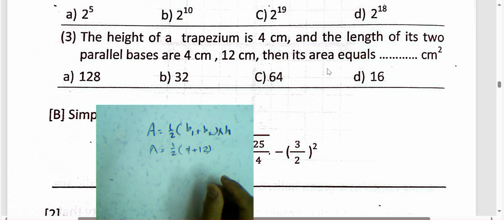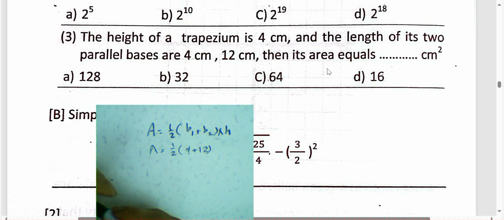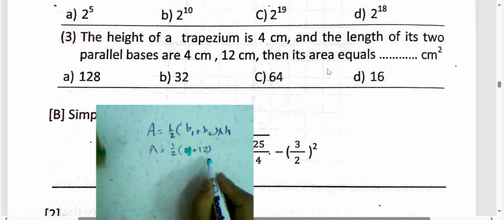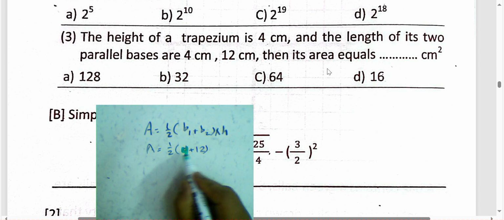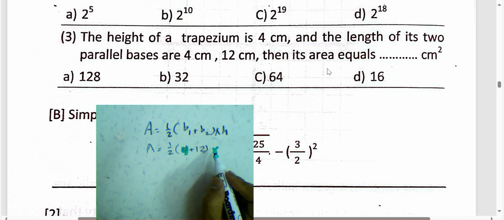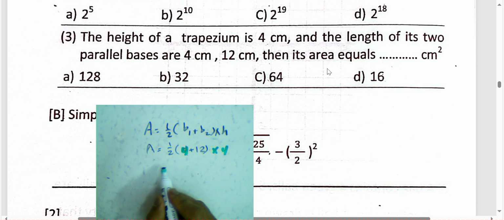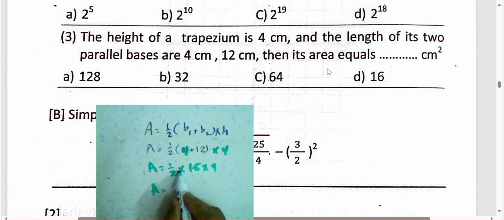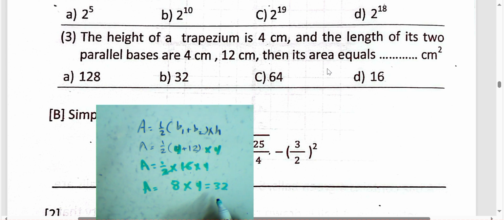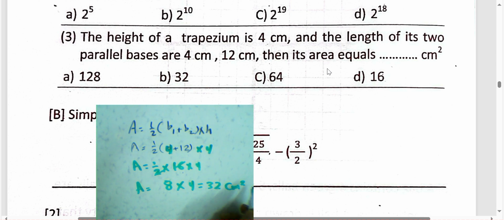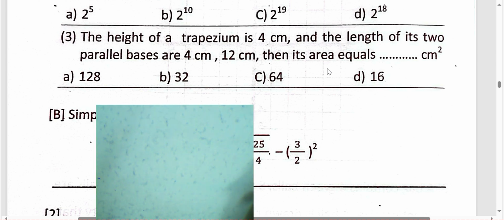We can write 4 plus 12, the two bases, divided by 2, multiplied by the corresponding height 4. Then the area equals half of 16 times 4. Half of 16 is 8, and 8 times 4 equals 32. The result will be 32 square centimeters.